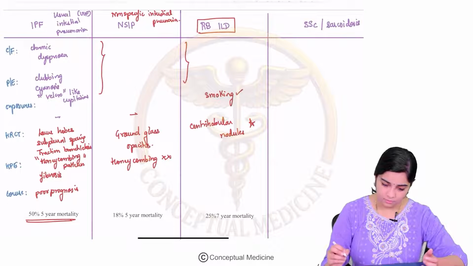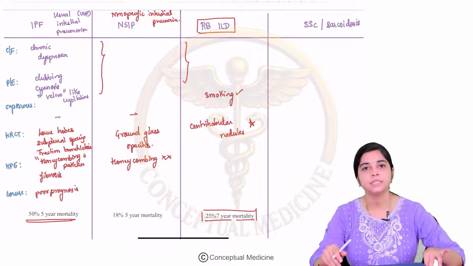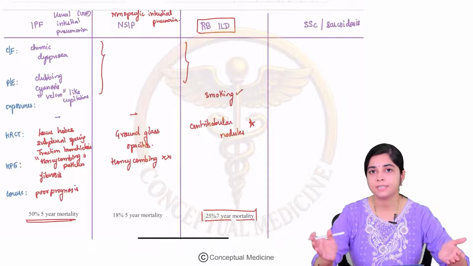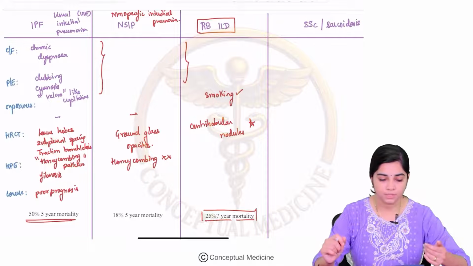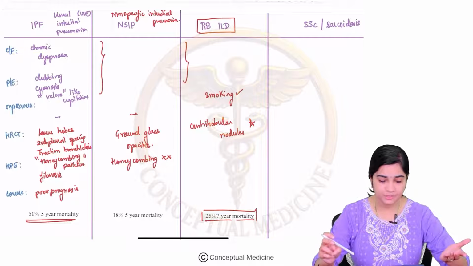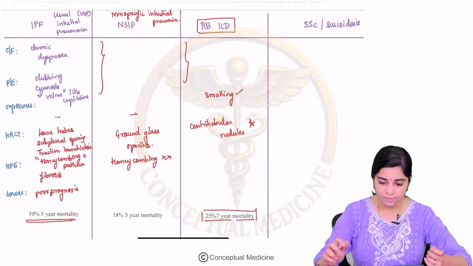Okay. Now, what is the course of RB-ILD? 25% of the patients have a mortality rate at the end of 7 years. But the worst prognosis amongst all of these ILDs is idiopathic pulmonary fibrosis, where there is a 50% 5-year mortality rate. Okay.